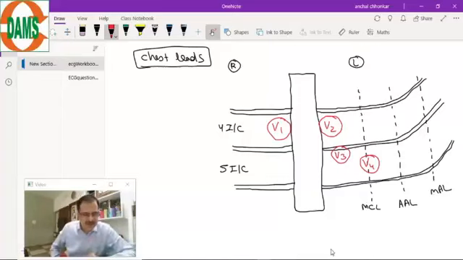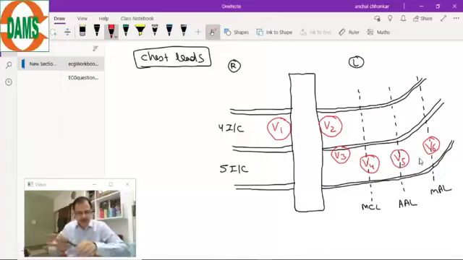Usually in the fifth intercostal space we place this between V2 and V4. V5 is here. V6 is here.